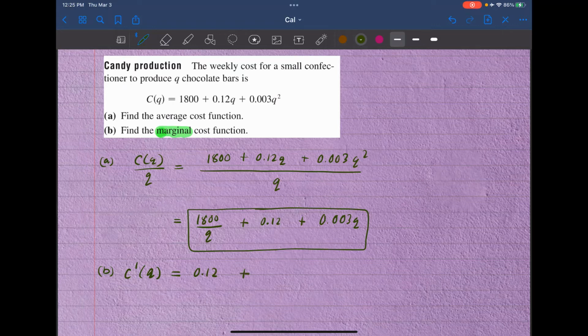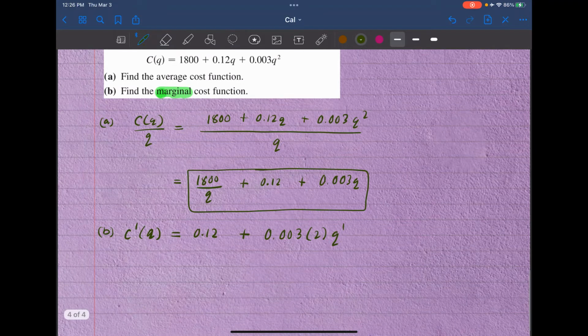Plus, now the derivative of the last term, 0.003 Q squared, you bring down the power, so that's simply 0.003 times 2, Q to the power 2 minus 1, that's 1. And if I clear this up, this is equal to 0.12 plus 0.006 Q. So that's the marginal cost function, simply the first derivative of the cost function.